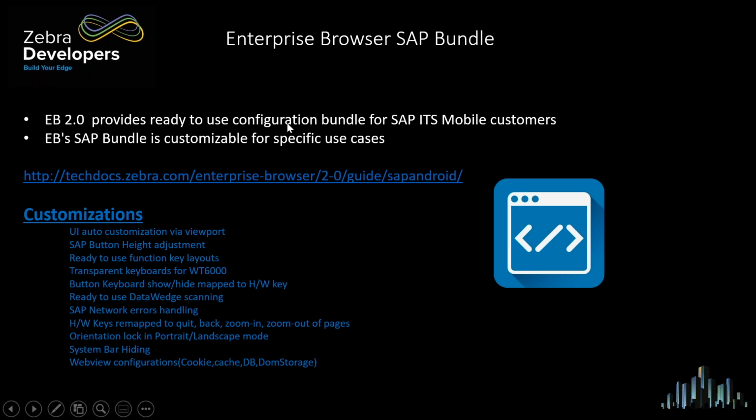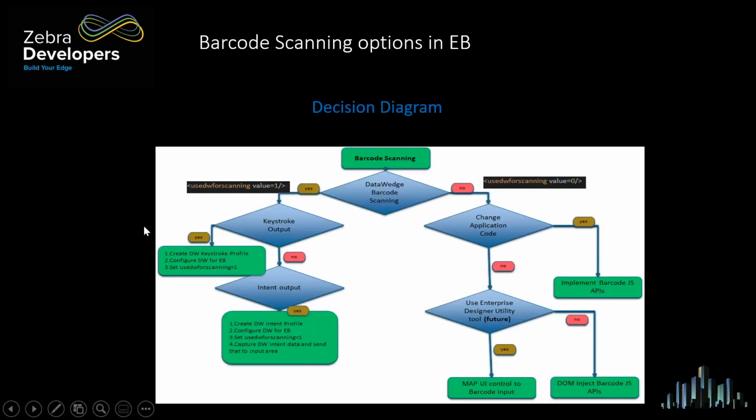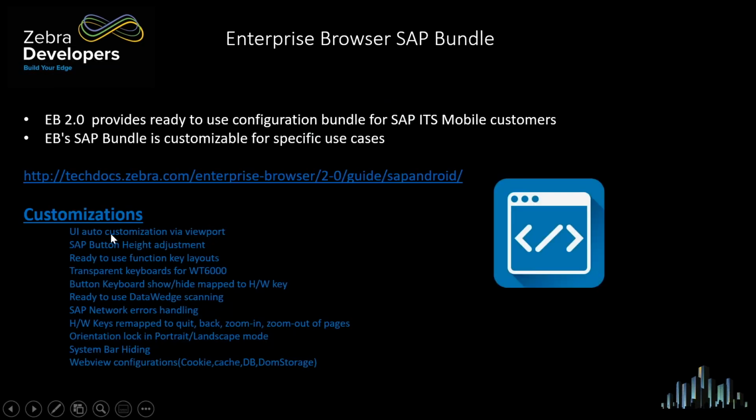So what does the EB SAP bundle do? UI auto customization by viewport. The UI skin is automatically customized based on the device height and width. Then the SAP button height is adjusted automatically. Some devices, like the WT6800, have a very small screen size.